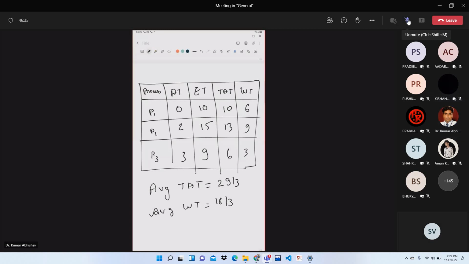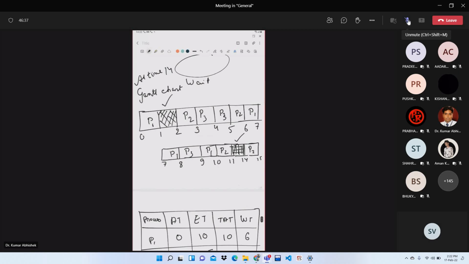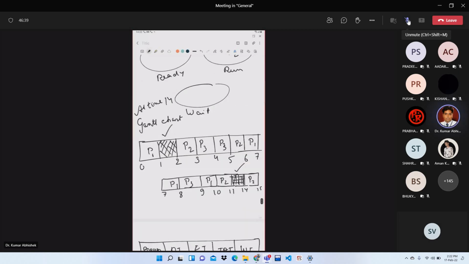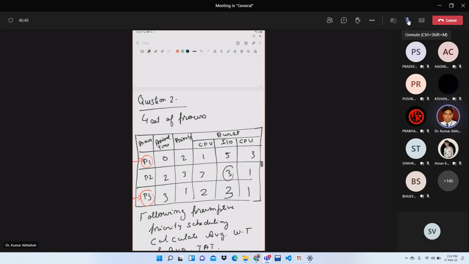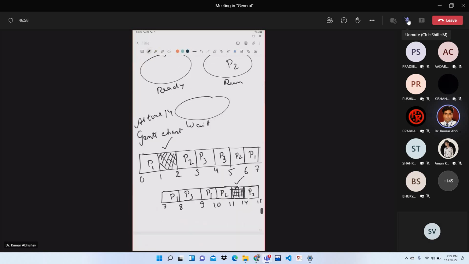In many competitive exams, you will get a question like this also. Till the last class, we have only discussed CPU bound processes, but we may get a process which will be CPU as well as IO bound. In that scenario, this is how our Gantt chart will be formed.